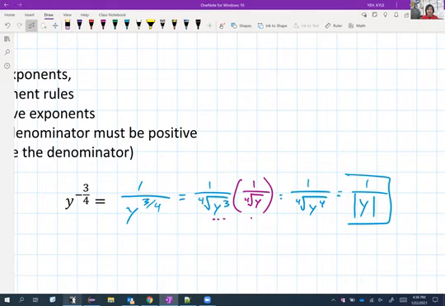And then finally, after all of that, we say, wait a second, we went from y to the 4th inside the radical to just y to the 1st, even to odd. We need that absolute value. And so I'm just going to adjust this so it doesn't look like it went into the fraction bar. 1 over the absolute value of y.